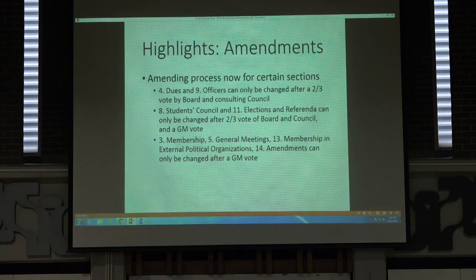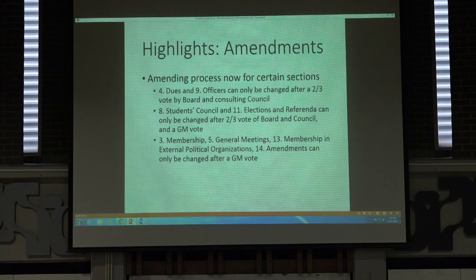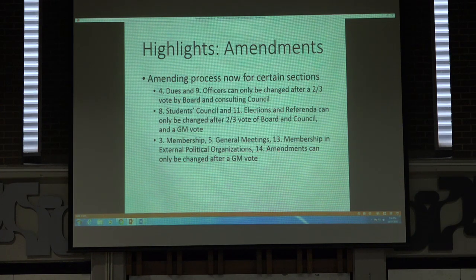Next slide, please. There's also an amending process that we've implemented. This is a really good governance practice. It essentially restricts, for certain sections, how the bylaws can be amended. So for Section 4, dues, which controls how you pay for the Federation of Students services, we can't just change that willy-nilly.